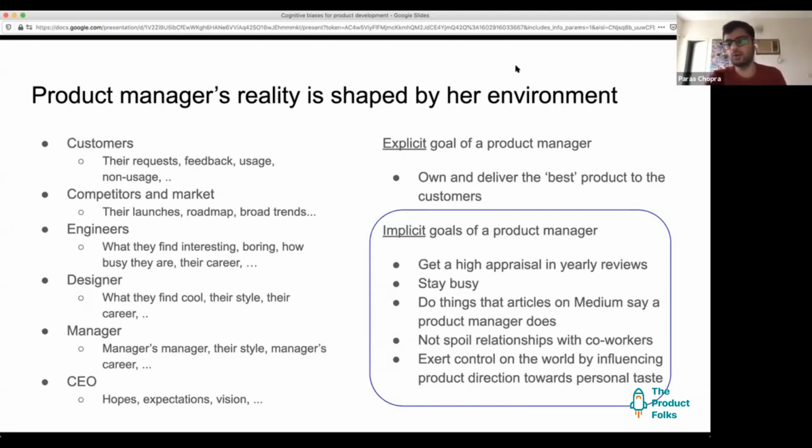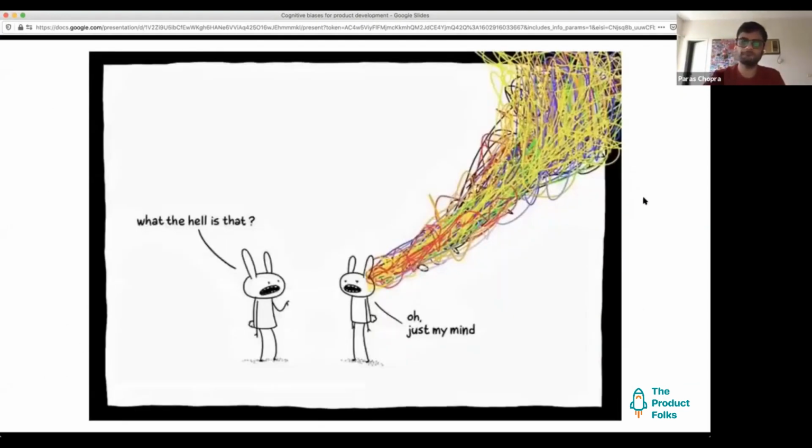And obviously a lot of times these implicit goals will be in conflict with explicit goals. So, this cartoon again shows how complex motivations can become when we're embedded in such a rich context.